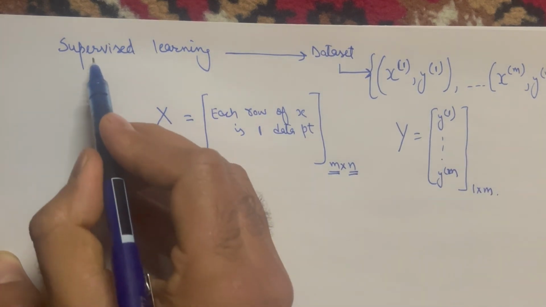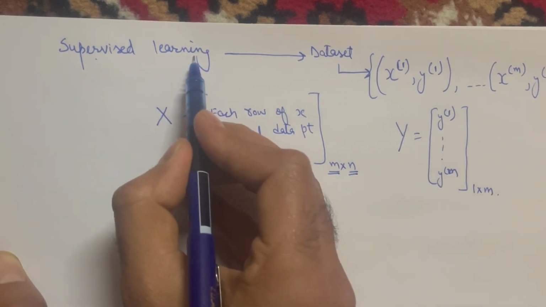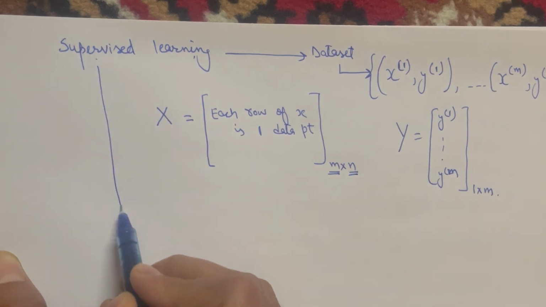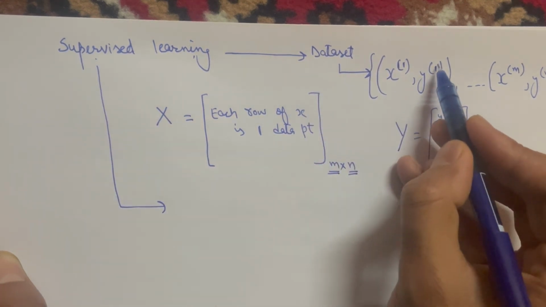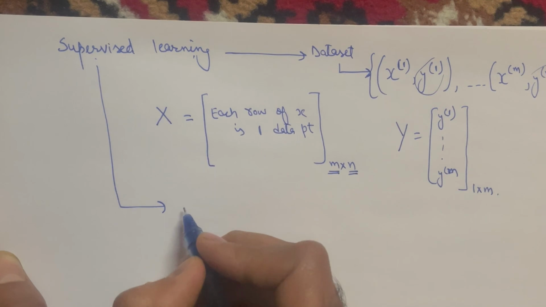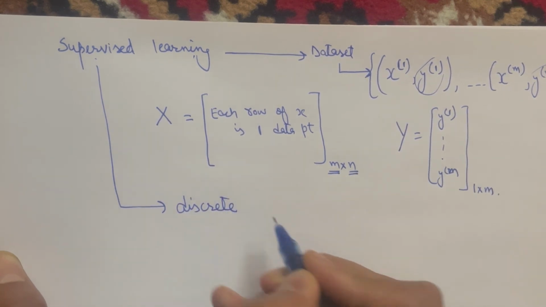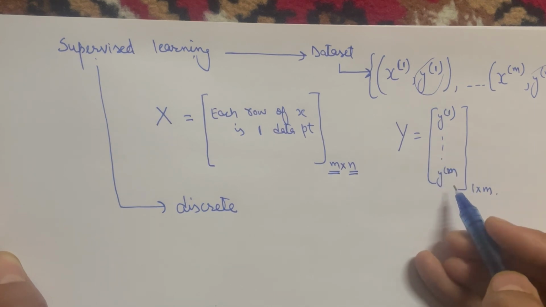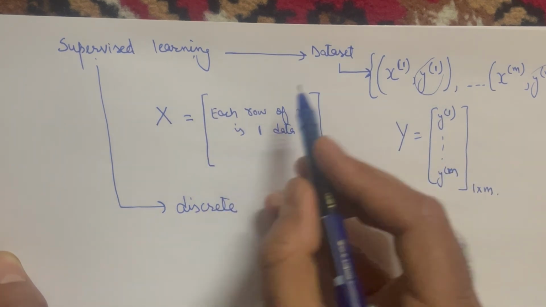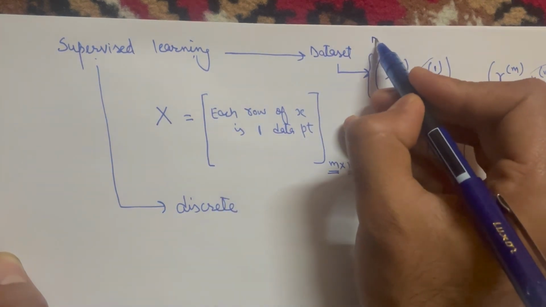Now in supervised learning, if the output of the data set is discrete, discrete means that these are fixed numbers. For example, let's say I have a data set of diabetic patients.